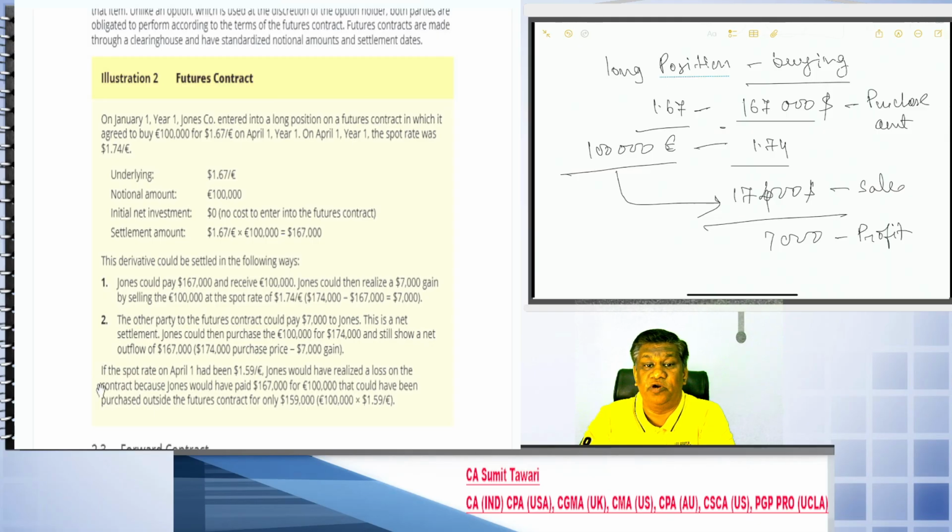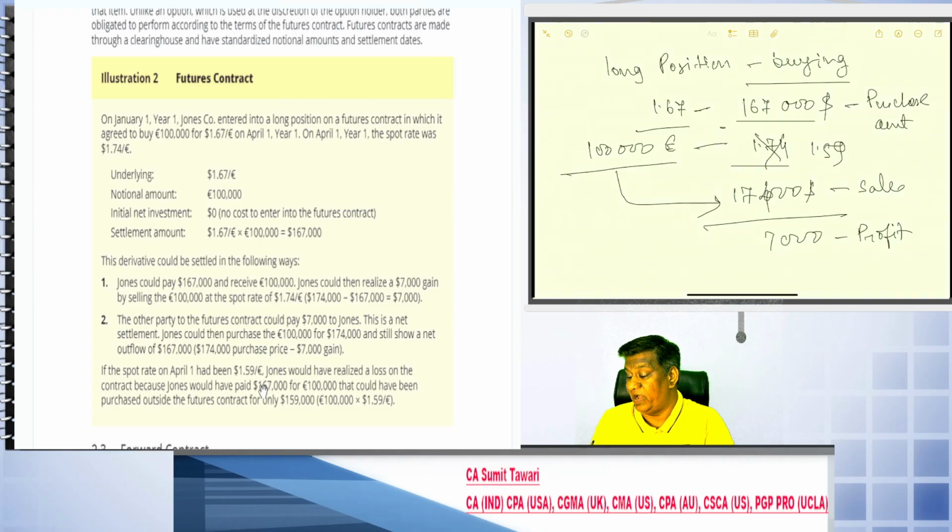Now, if the spot rate in April is 1.59, so instead of 1.74, it is 1.59. Here it is not like this option is getting lapsed. He needs to buy because it is a future or forward contract. Both the parties are under obligation.